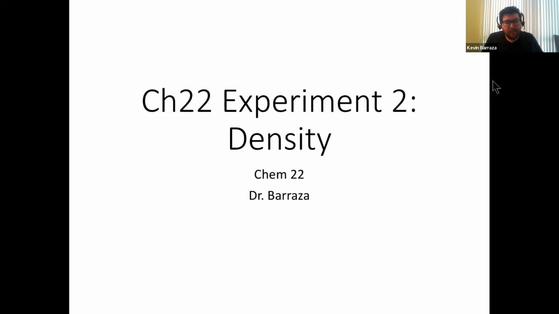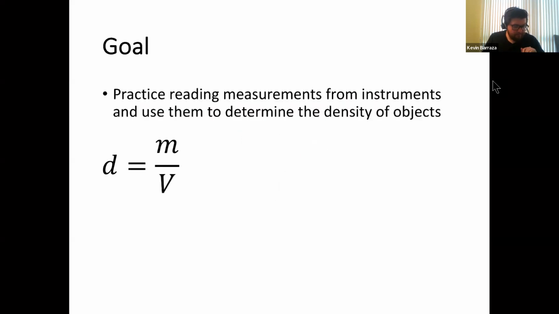This gives us an exploration about how we take the measurements to calculate density, and how we interpret things about density. So the goal of this week's experiment will be to practice recording the measurements for density and then putting that to use.